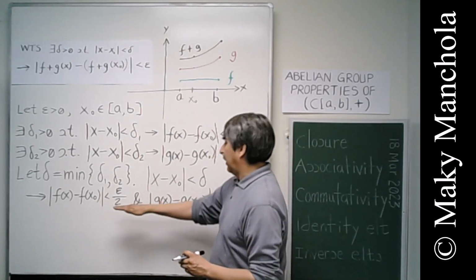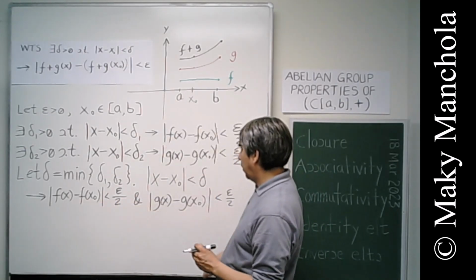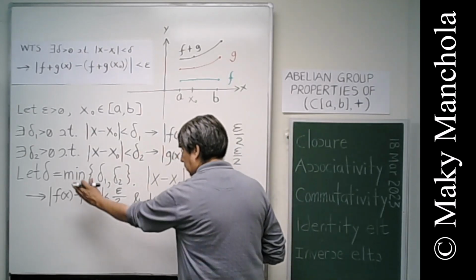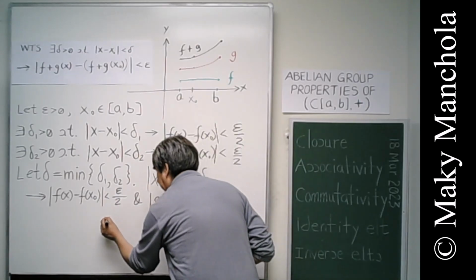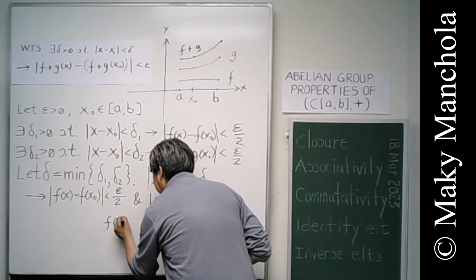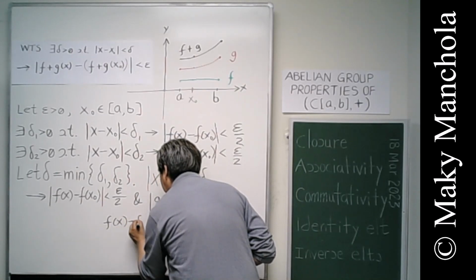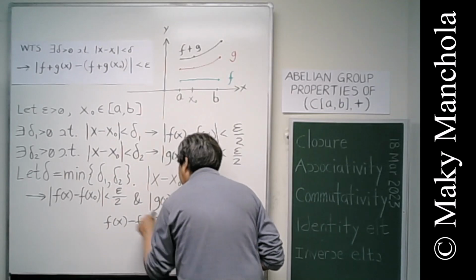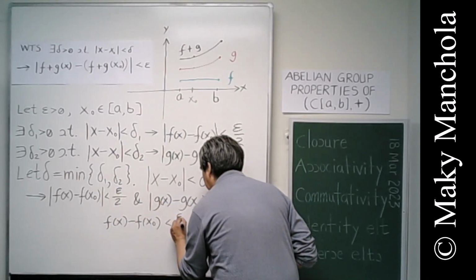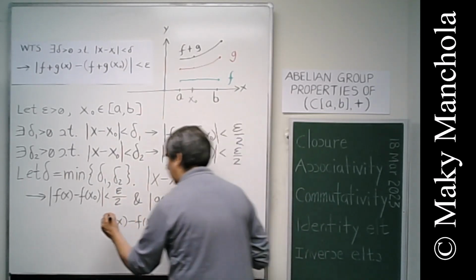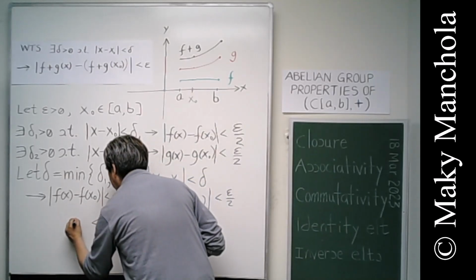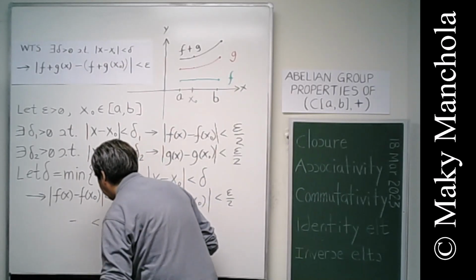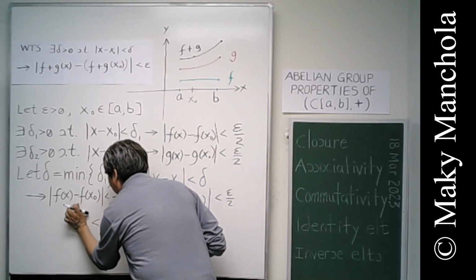So now, let's write each of our inequalities as compound inequalities and combine them. The first inequality gives that f of x minus f of x0 is less than epsilon over 2, and it is greater than negative epsilon over 2.